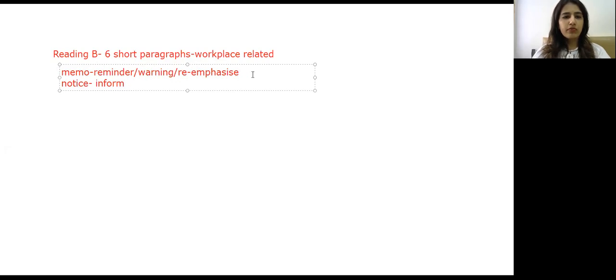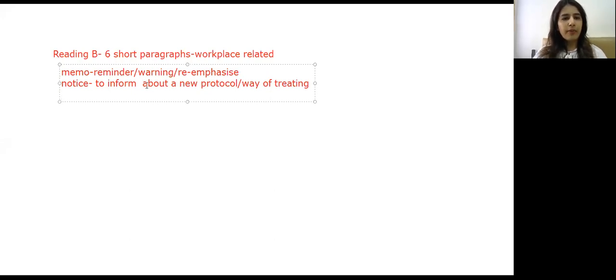Now, to inform, it could be to inform about a new protocol. It could be to inform about a new way of treating disease. For example, it could be a new medication that the hospital has started using.